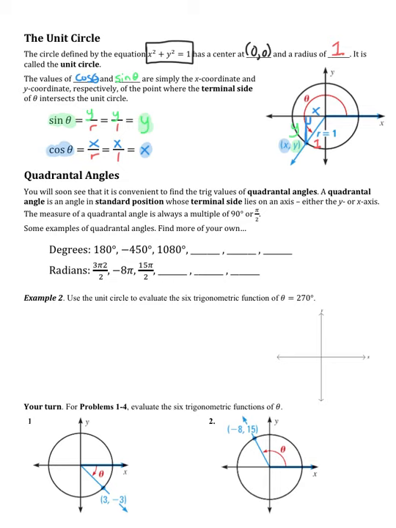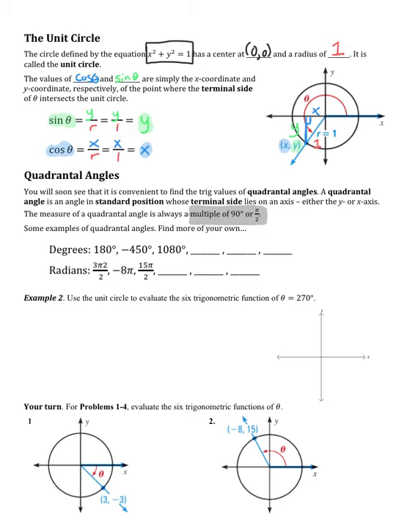So quadrantal angles, this is something that is a multiple of 90 degrees or pi over 2 radians. So that's what a quadrantal angle is. A multiple of 90 degrees or pi over 2 radians.